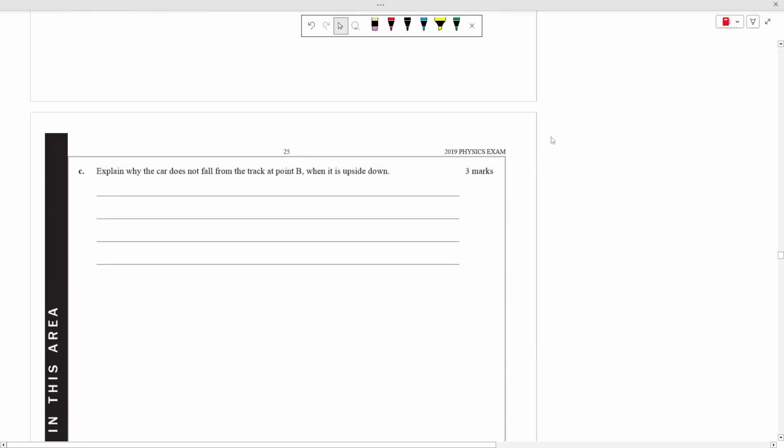C. Explain why the car does not fall from the track at point B when it is upside down. So this is a good question because it forces you to really think about how you're going to word it.